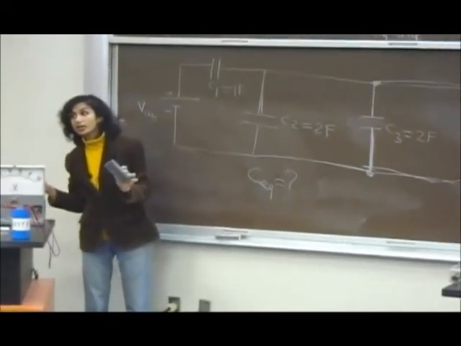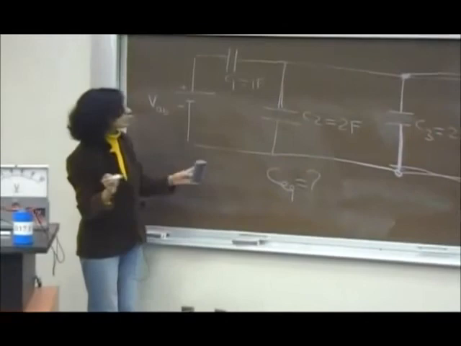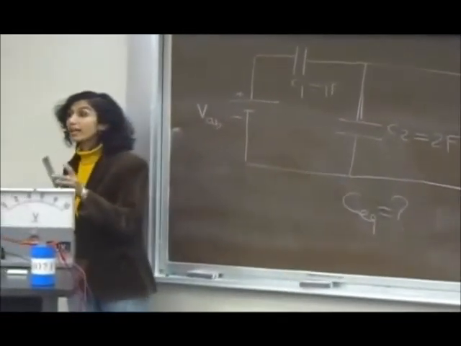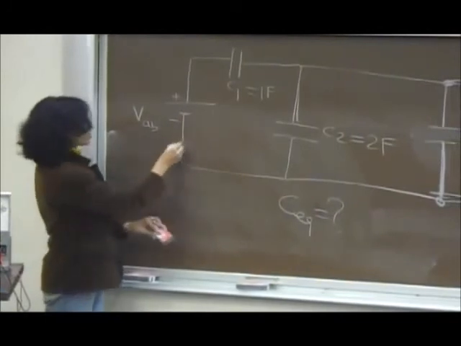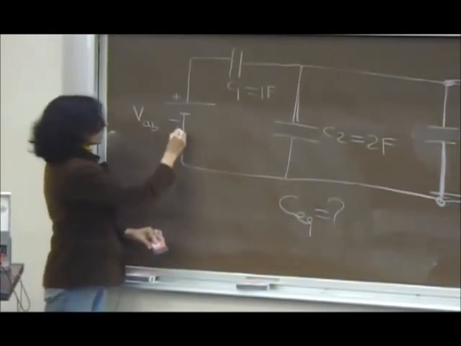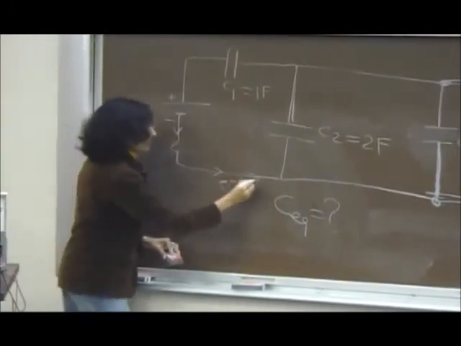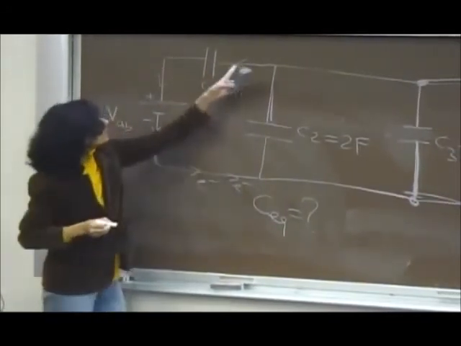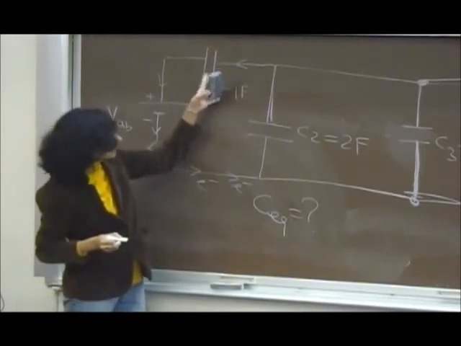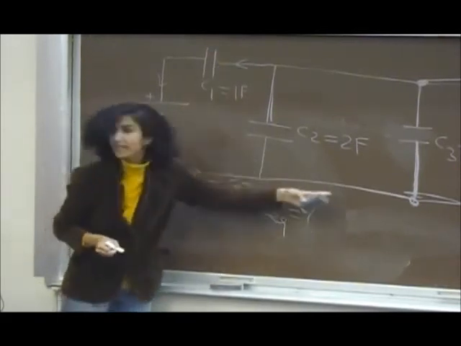First of all, why are they not in series? Because if they were in series, we said they would collect the same charge, right? Think about it. This battery, let's say we had a switch, as soon as we close the switch, electrons will start flowing like this, right? As the electrons flow, there will be some charges accumulating here, but at this point the electrons have to split.